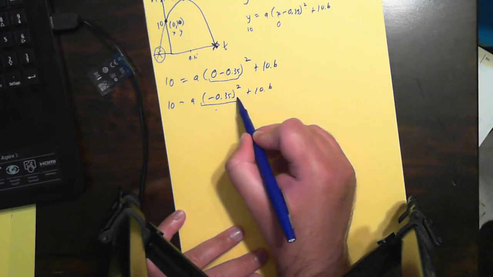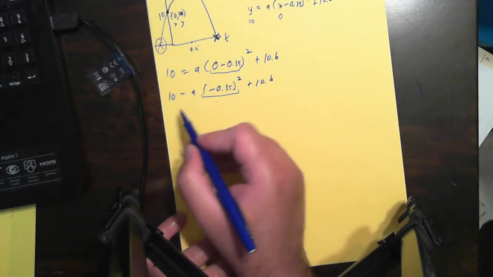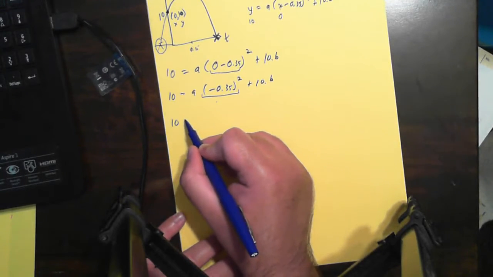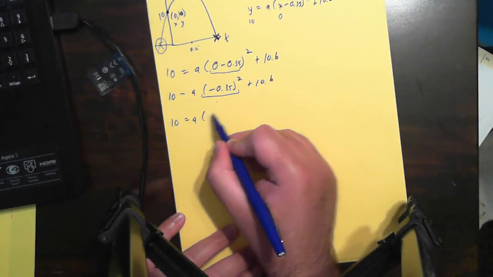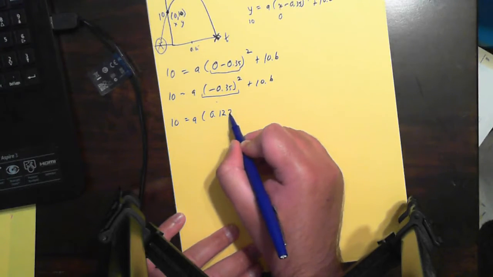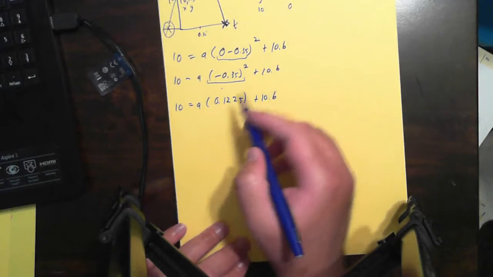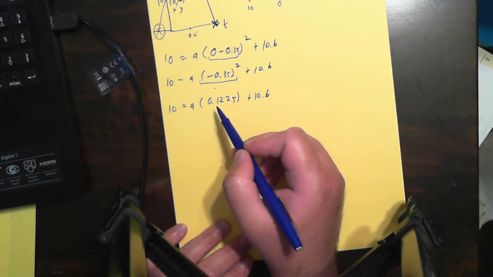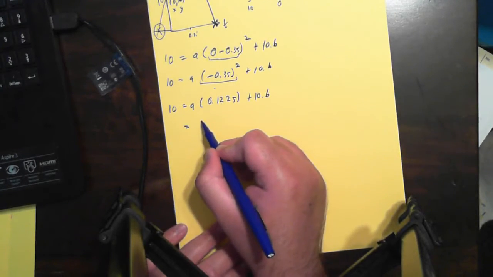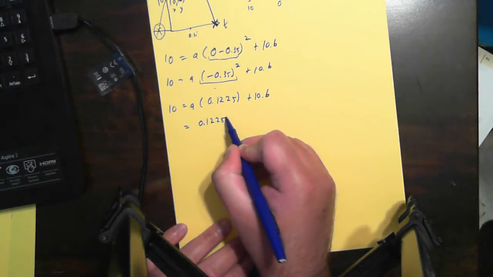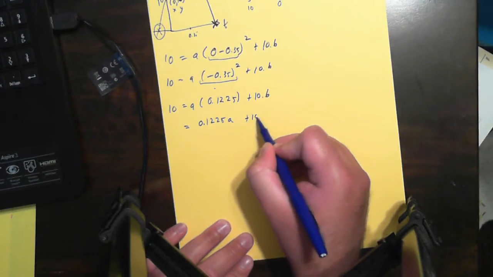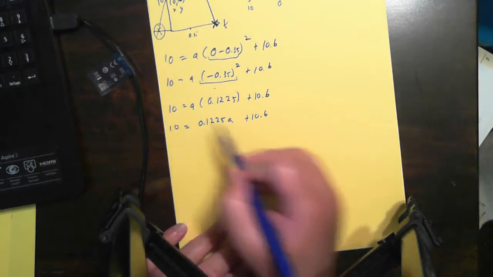Negative 0.35 times negative 0.35 gives me 0.1225. So a times 0.1225 can be written as 0.1225a, and then plus the 10.6.